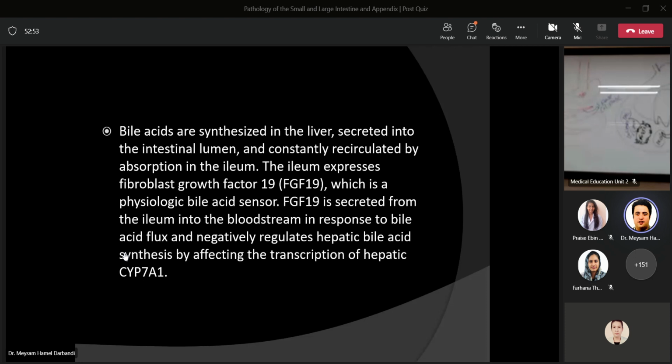Fibroblast growth factor 19 is secreted from the ileum into the bloodstream in response to bile acid flux and negatively regulates hepatic bile acid synthesis by affecting the transcription of hepatic CYP7A1. Why? Because when there is bile acid, I no longer need to secrete more. So fibroblast growth factor 19 stops the synthesis and helps the bile acid to be recirculated back.